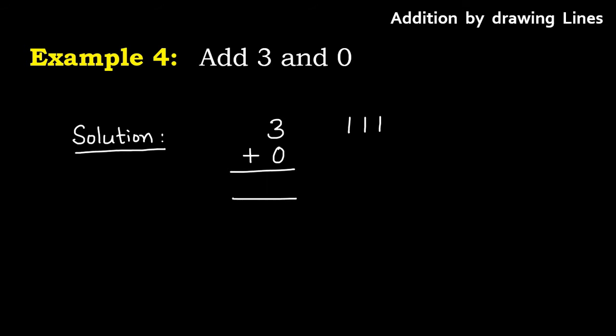And the second number is 0. 0 represents nothing. So I will not draw any lines here. Therefore, if we count these lines, there are 1, 2, 3 lines. Therefore, 3 plus 0 is equal to 3. So we learned that adding 0 to any number will give us the same number.